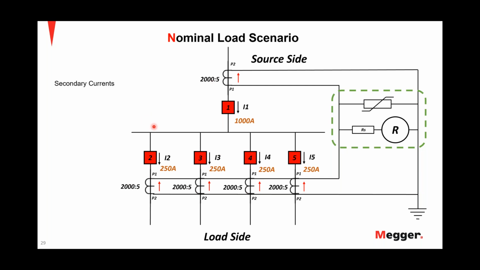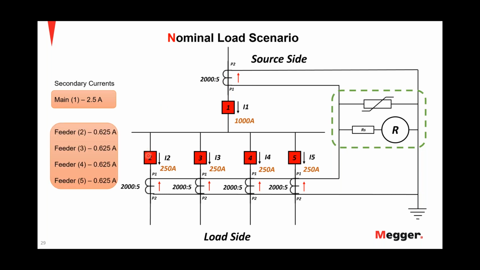Let's look into the secondary currents of these CTs. For the main breaker CT, the secondary current is 2.5 amps based on the current and the CT ratio. And the secondary currents for the feeders are around 0.625 amps roughly.